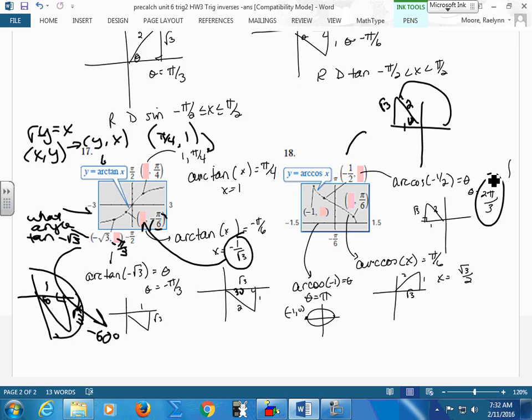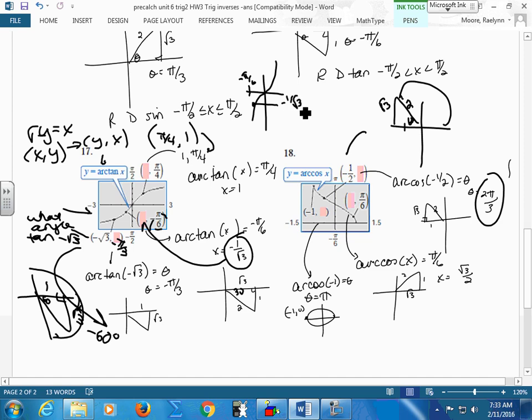No, that's a value. These are reversed, remember? My tangent curve goes like this. If I picked a value down here, if this angle was negative pi over 6, this guy would be negative 1 over radical 3. So your point would be negative pi over 6, negative 1 over radical 3.